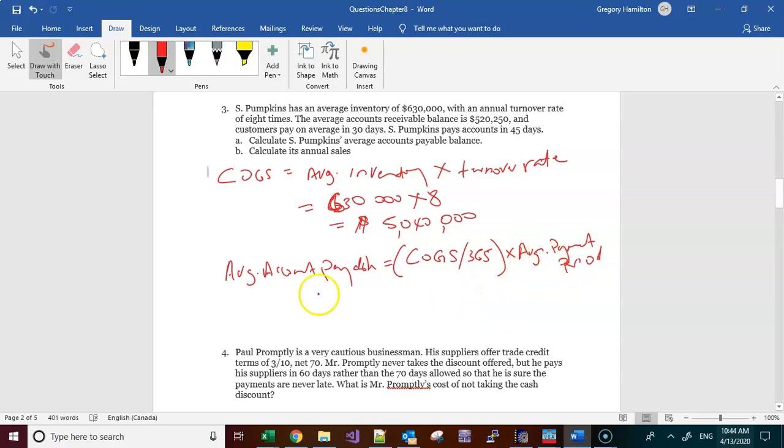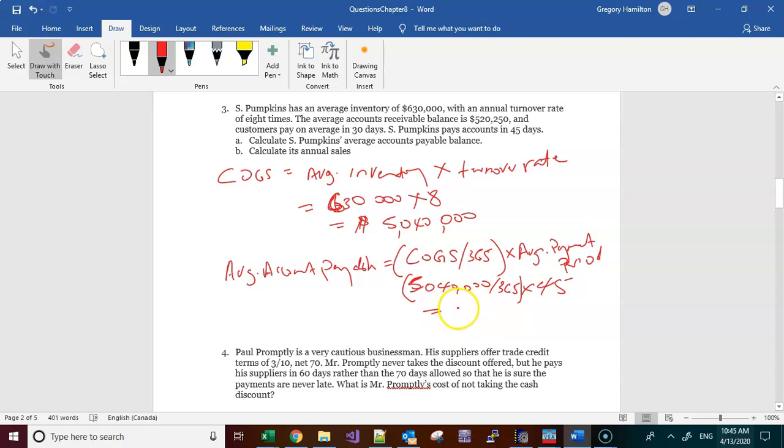There you go. So what is that? We have average cost of goods sold, 5040, divided by 365, and this we are going to multiply by the average payment period of 45.